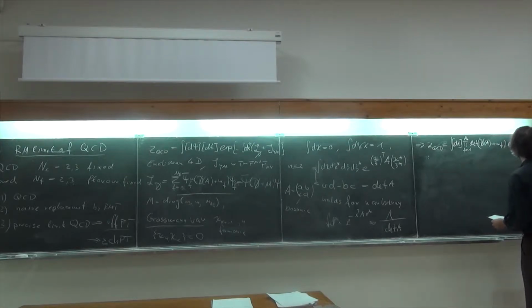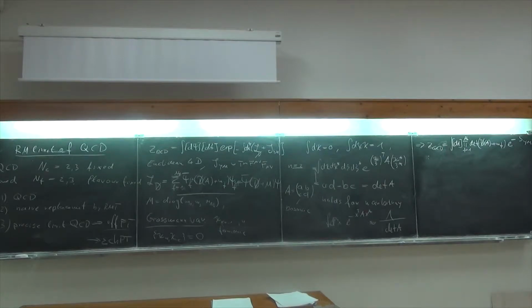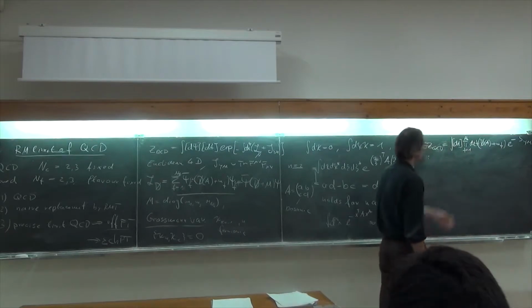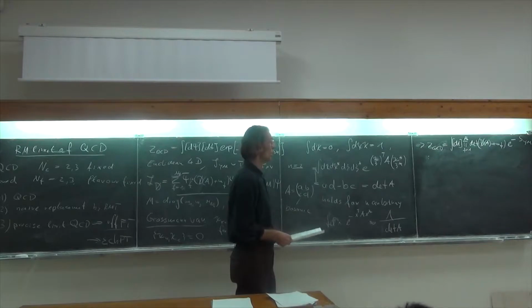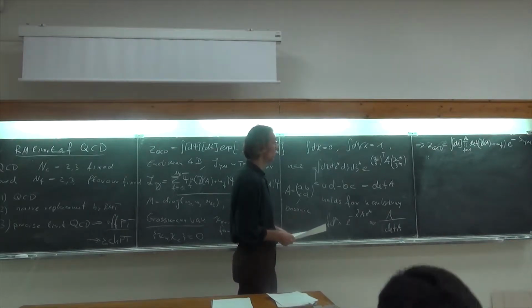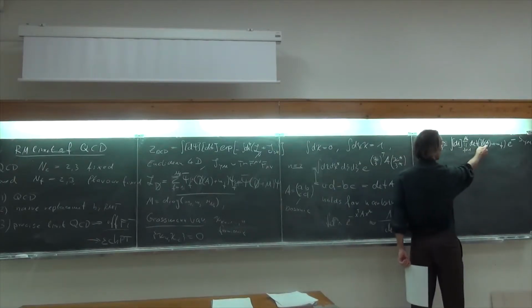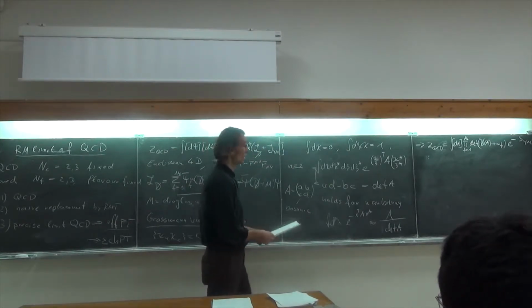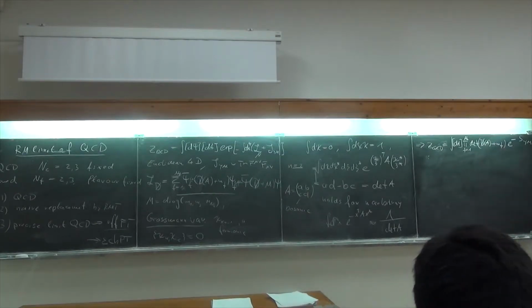Minus h. Okay. So far nothing has happened. This is of course to be understood in a formal sense. This is a differential operator, and I would have to explain what is meant by the determinant of the differential operator, and then of course I still have the path integral over gauge fields, and this explicitly depends on the gauge fields. We can even push that further and diagonalize this operator formally, and we will do that in a moment.